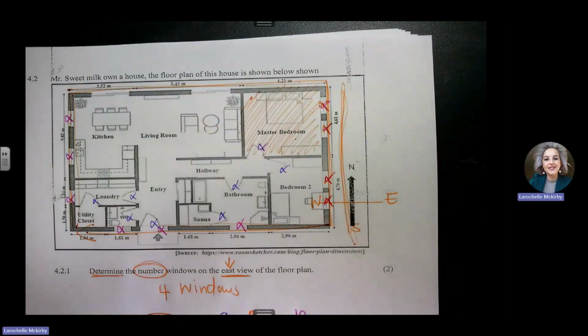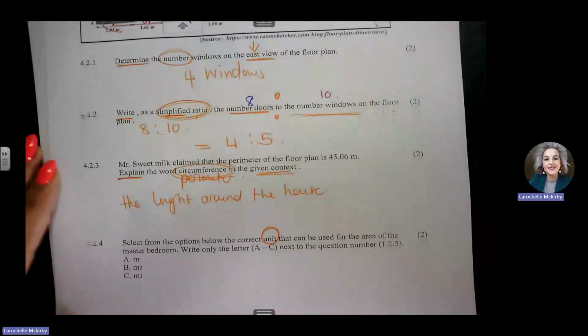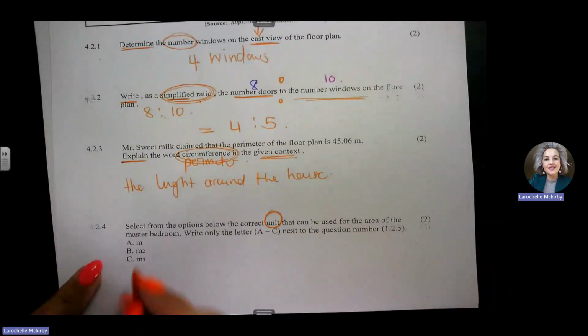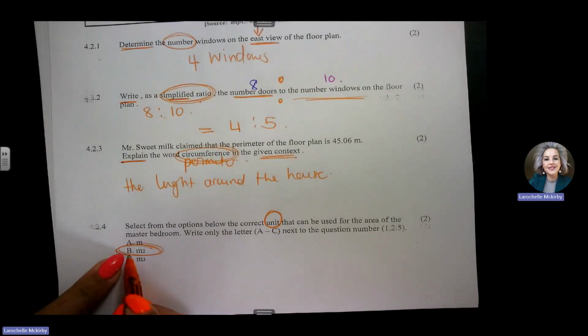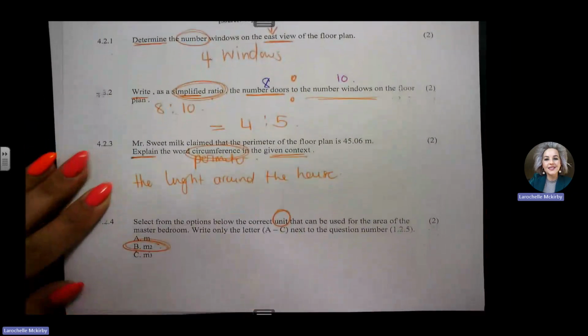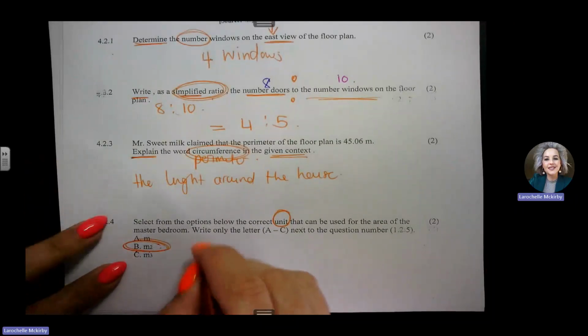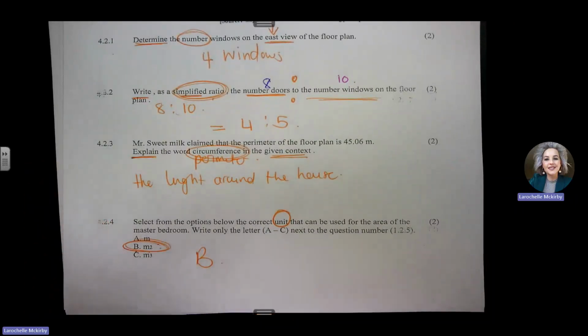So if we are calculating that, in what format will we calculate it? Very nicely explained to you previously. We said the answer is B, squared meters, because the length is in meters and the width is in meters. So when I calculate an area, my answer always comes out as squared meters. B.